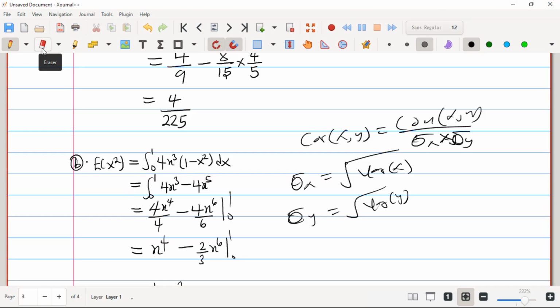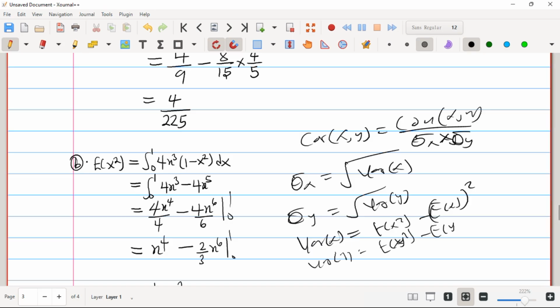We know that variance of x is equal to expectation of x squared minus expectation of x all squared, and variance of y is equal to expectation of y squared minus expectation of y all squared. That is what we have to find here. But already we have expectation of x and expectation of y.